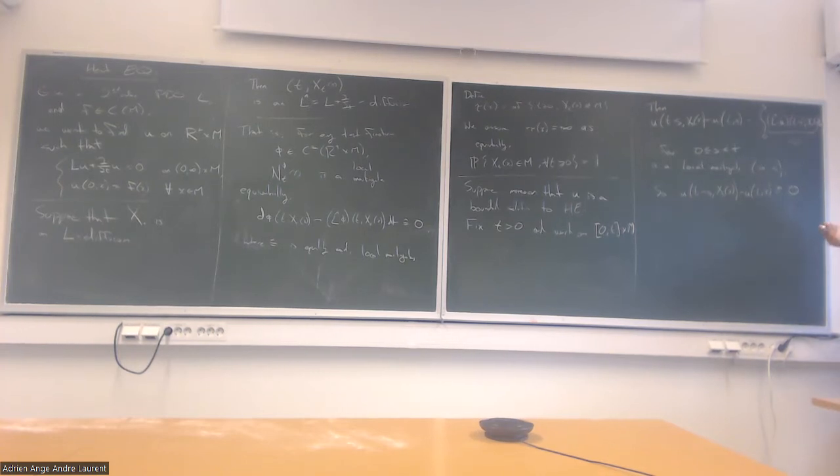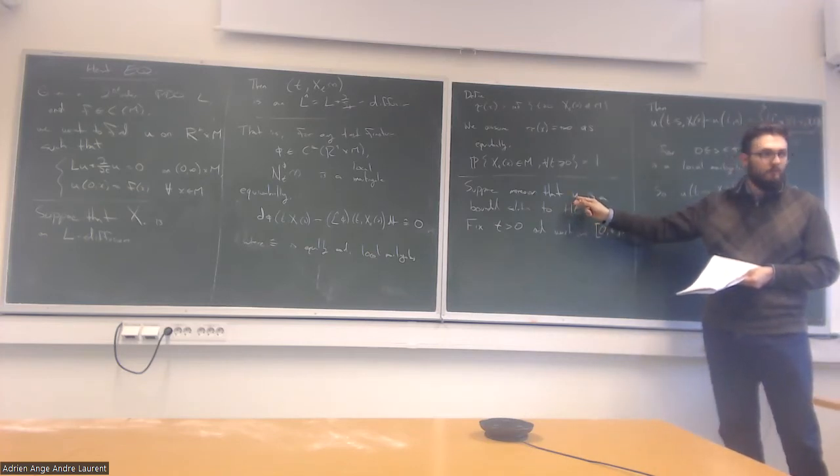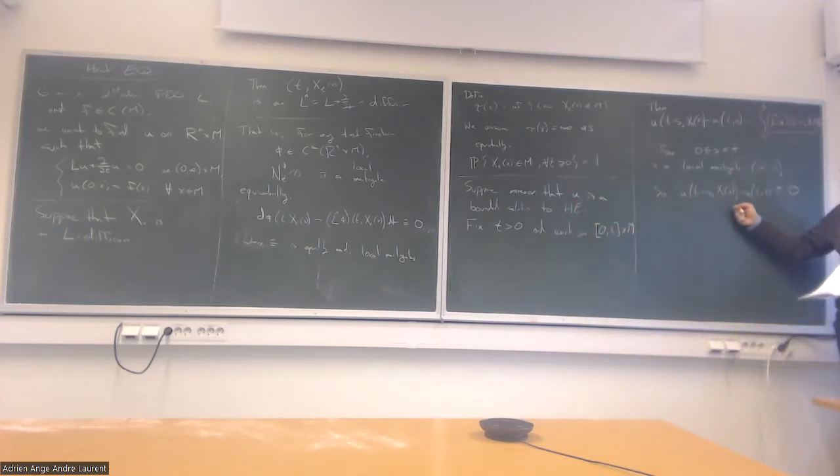Anyways, we have this, right? But what's going to happen here? We have assumed, this is our second assumption, that U is bounded. So of course we know that this is bounded, which means that the local martingale over here is bounded.